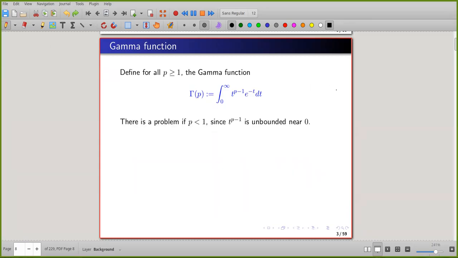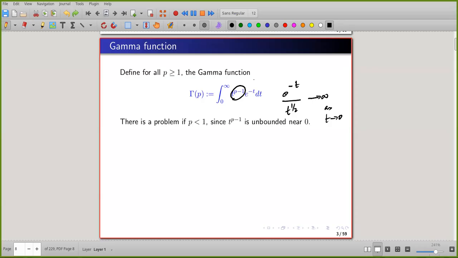And there is a problem if p is strictly less than 1, since t to the power p minus 1 is unbounded near 0. Say p is half. Then this is e to the power minus t divided by t to the power half, and as t tends to 0, this function tends to infinity.